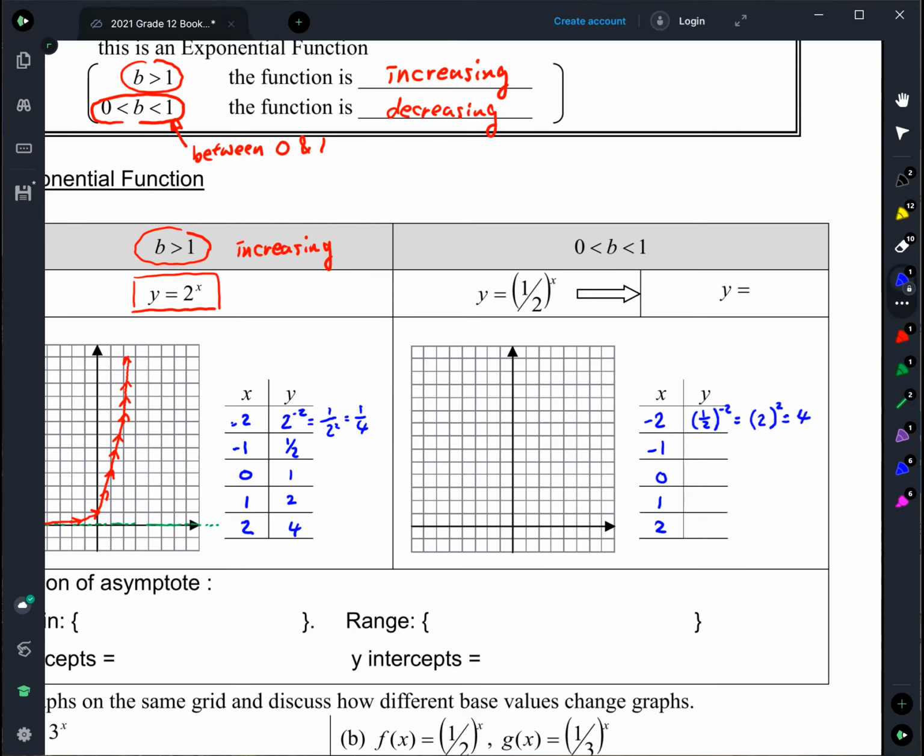Please complete the table. This time I'll let you carry all the way to graphs.